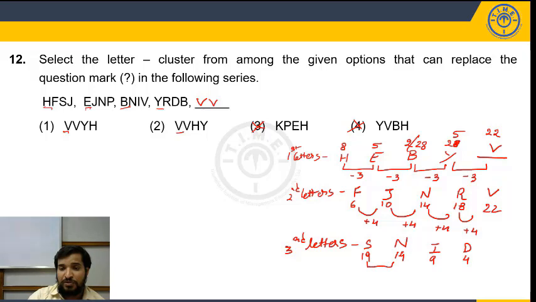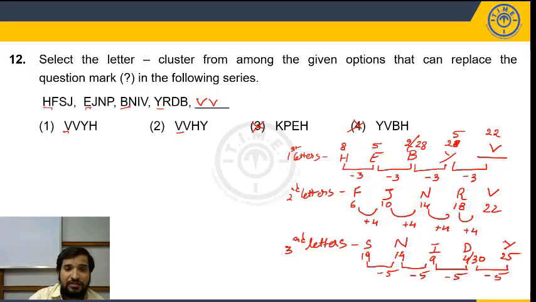If you observe, every time it was decreasing by 5. 19 minus 5 is 14, 14 minus 5 is 9, 9 minus 5 is 4. Now D can be expressed as either 4 or 30. Now 30 minus 5 is 25. 25 is nothing but the place value of Y.